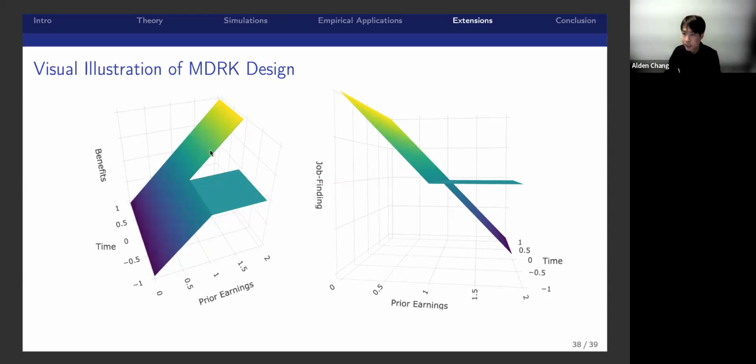But again, that is something we can check using the multidimensional McCrary tests or the placebo RD methods that I covered earlier. And in this right plot, we see that there's also a corresponding kink and a corresponding discontinuity when we look at job finding probability as a function of prior earnings and time. So that's how the MRDK design works.